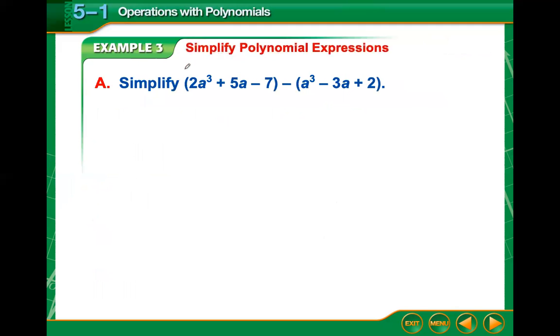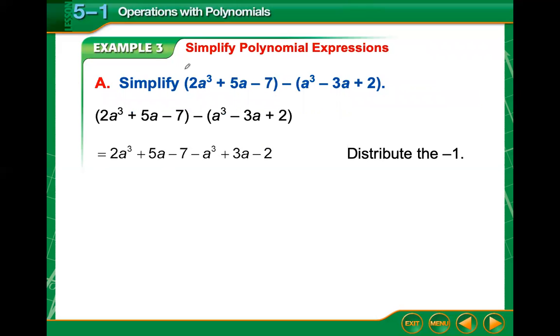All right, so next we're going to take a look at using addition and subtraction. So here we have simplify 2a cubed plus 5a minus 7 minus the quantity a cubed minus 3a plus 2. One of the things they suggest is distributing the negative 1, and this is just to make sure that you don't forget the negative.